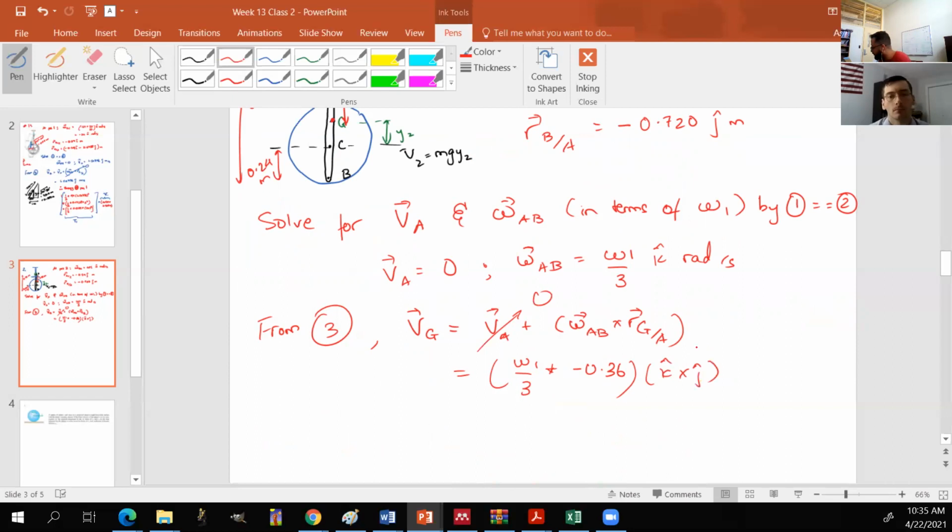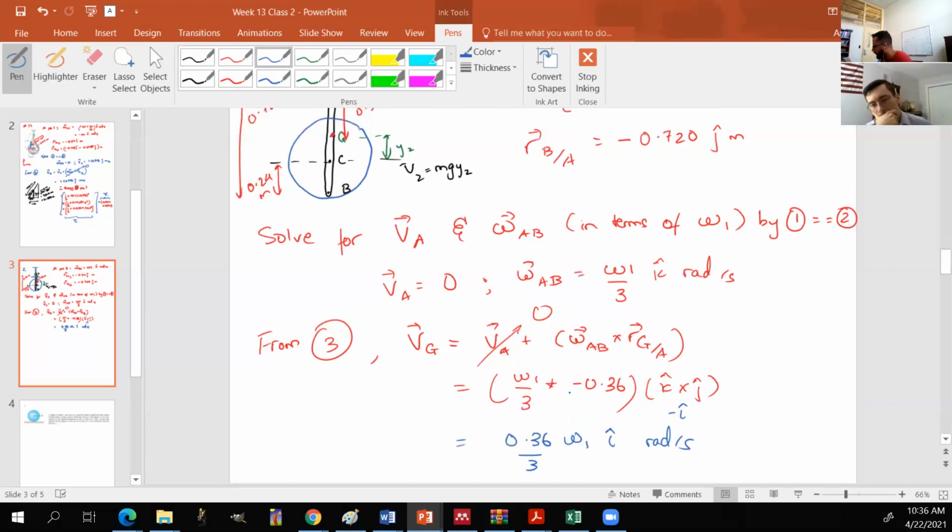K cross j is equal to minus i, so the minus gets canceled. You get 0.36 over 3 omega 1 i hat radians per second. This is just for completeness' sake, but in this particular problem you don't need to worry about it so much because you're only concerned with the scalar quantity.